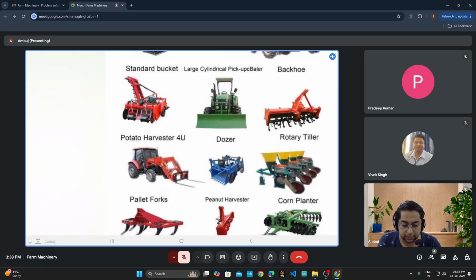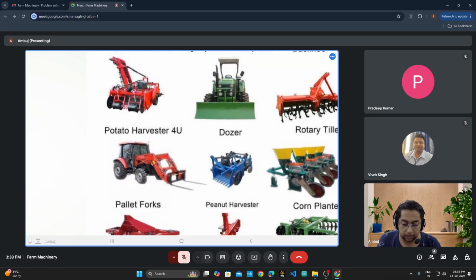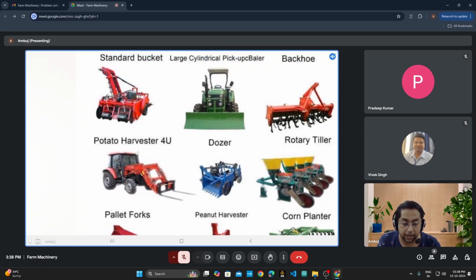Then your backhoe loader, that I have already discussed. This is an attached potato harvester. You can see here, at the ends, a cutting arrangement has been provided. Then the front part will get buried into the soil, and it will dig out the entire potato as well as transfer it to the conveyor, and at the end a storage unit is there for collecting the potato crop.